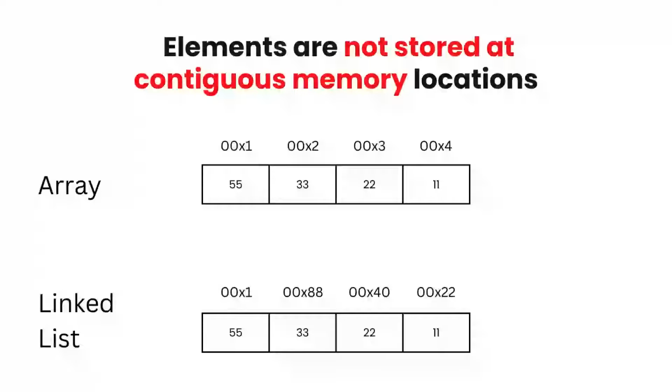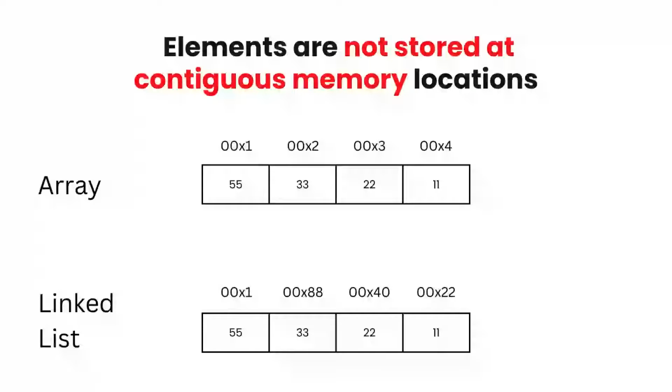Now let's observe the same thing in a linked list. Although in a linked list we have the same items 55, 33, 22, 11, if you observe the memory address of each item, you will find differences.